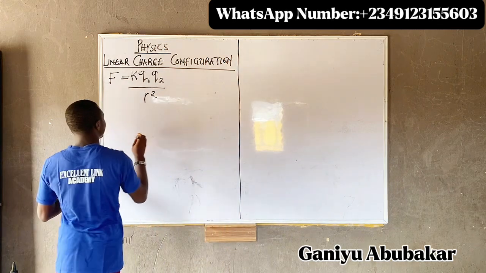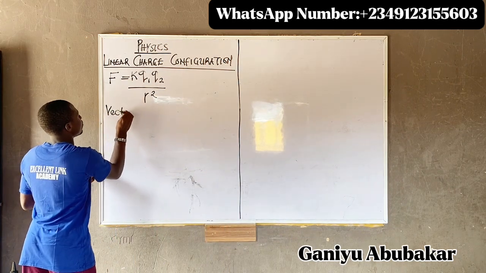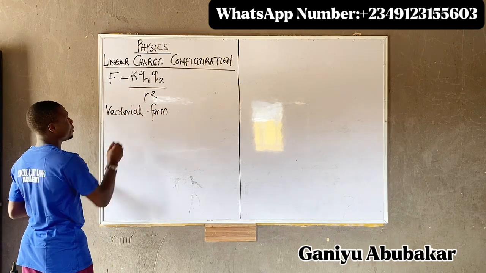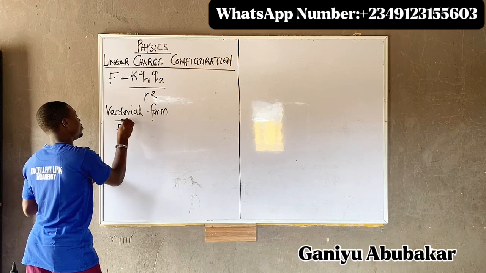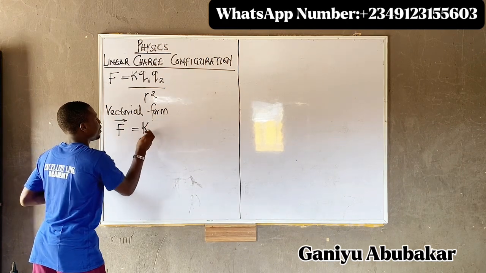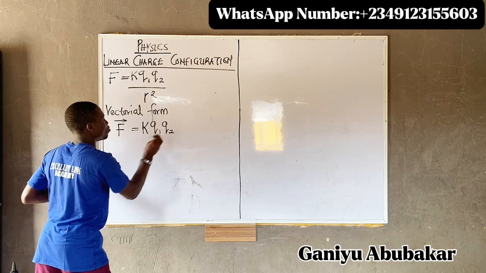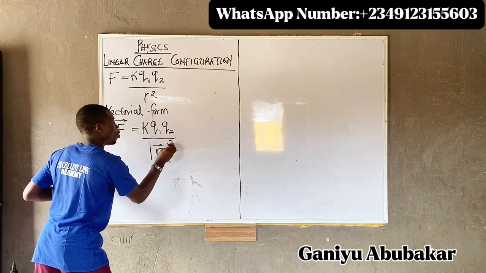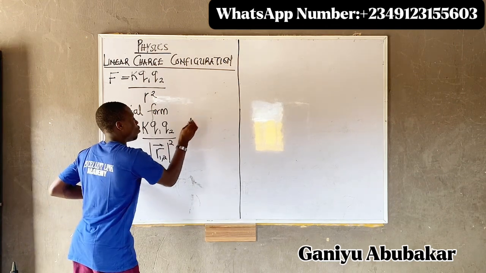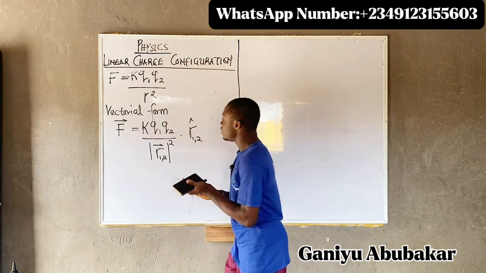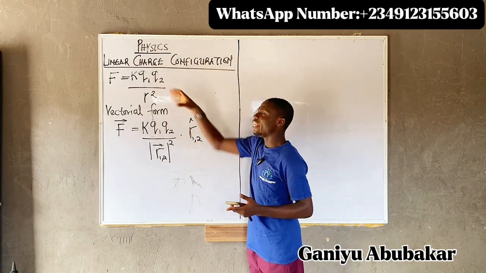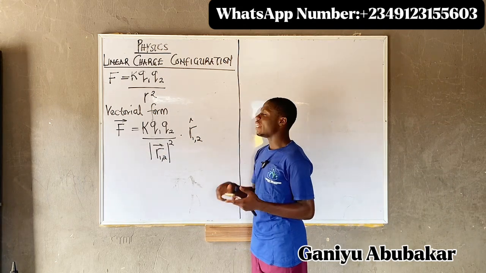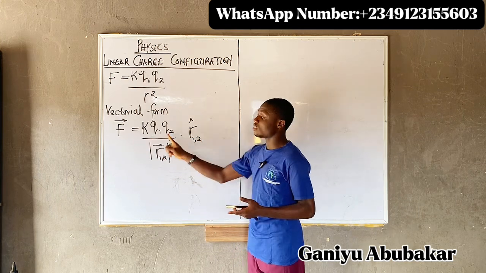So in vectorial form, we can express Coulomb's law as F vector equals KQ1Q2 all over the magnitude of R12 all squared, times the unit vector of R12. These are still the same thing. This one here is Coulomb's law in scalar form. This one here is Coulomb's law in terms of vectors. So I established this concept last class.